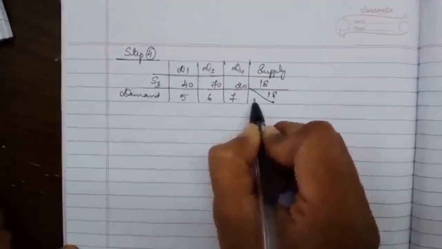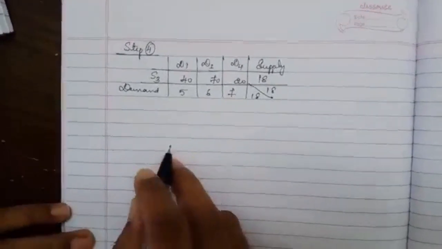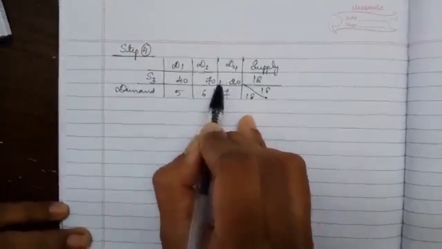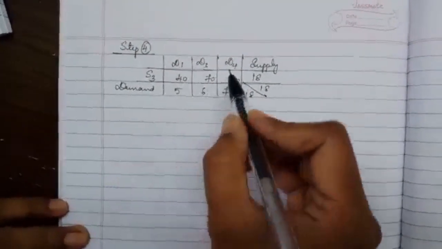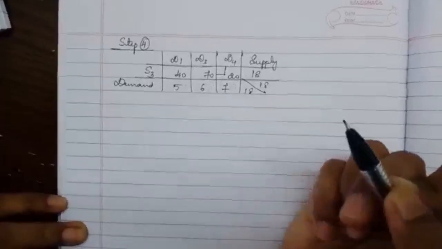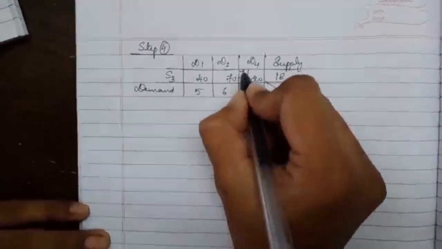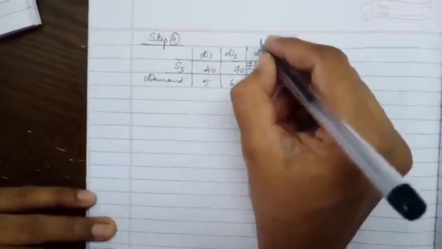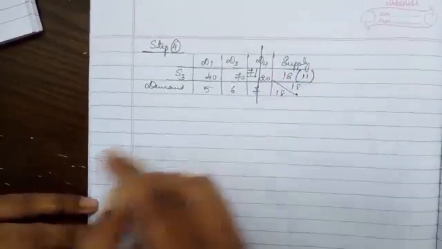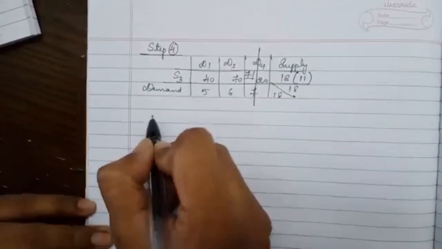So this is also balanced at this step. We are left with only one row. In this row, this cell S3 D4 has the least cost. Demand is less than supply. So this is done, and the remaining elements I've just copied down.